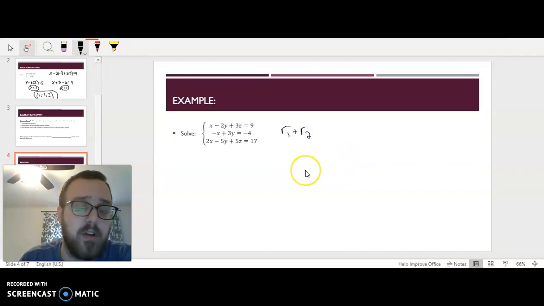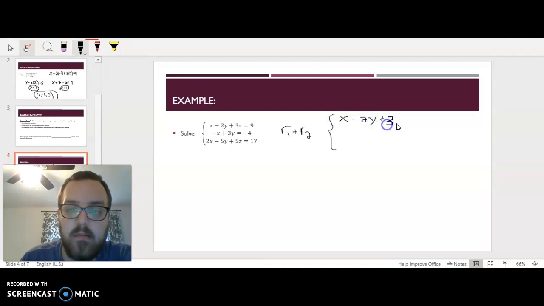Row 1 plus row 2. I'm going to do that into my second row to make this x variable disappear, and then go down and try to make this one disappear. So over here, I'm going to rewrite my top equation. I'm not going to touch that one yet. I'm then going to add these two rows together and replace this row with that addition.